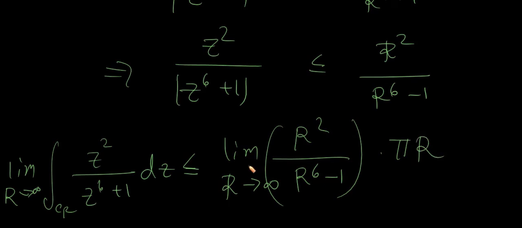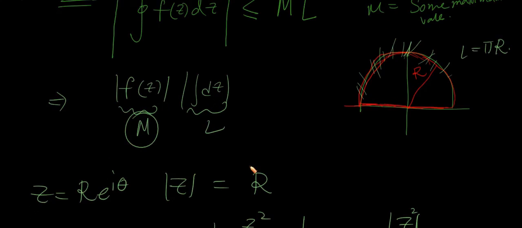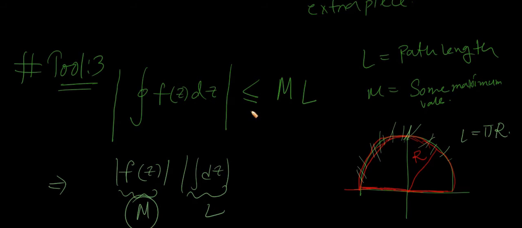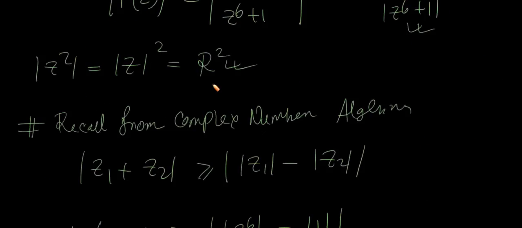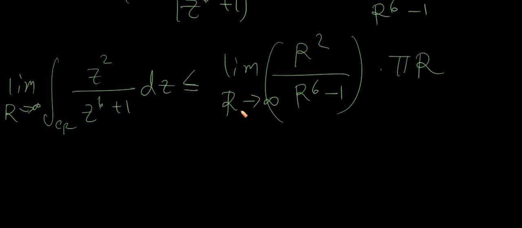And why is this line true? Because earlier we showed that this tool 3 is true and we accepted it without any proof. So this tool 3 just got written explicitly over here.